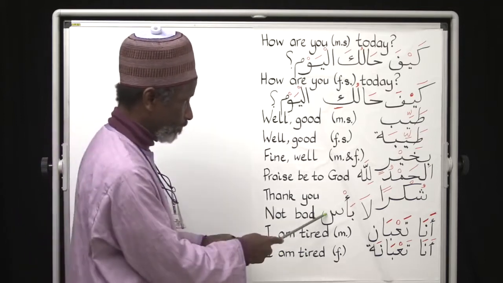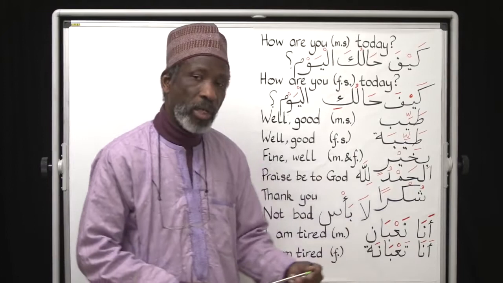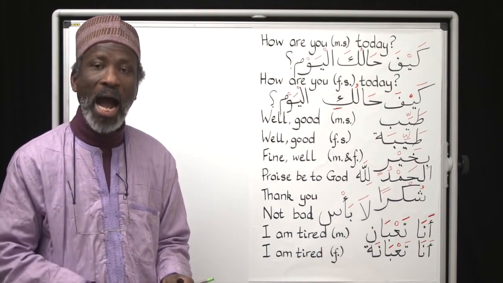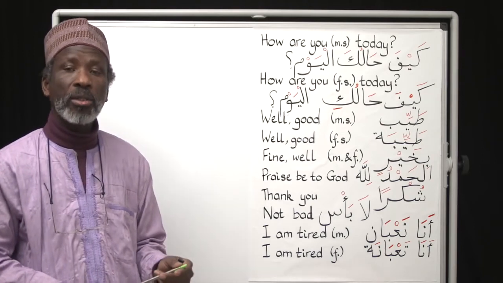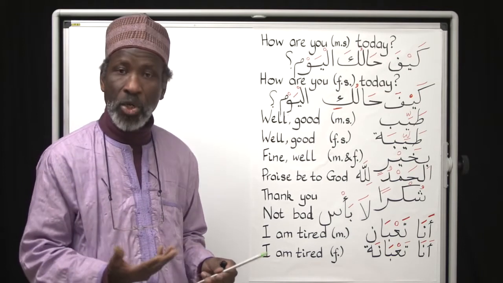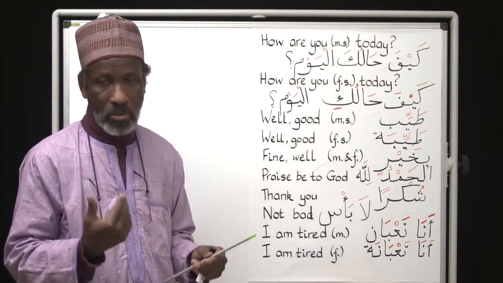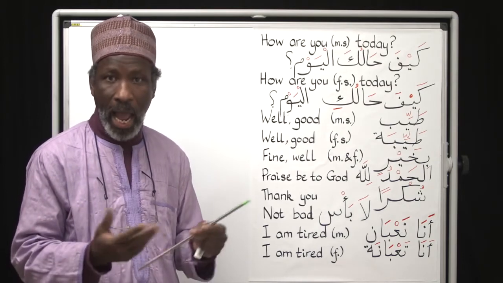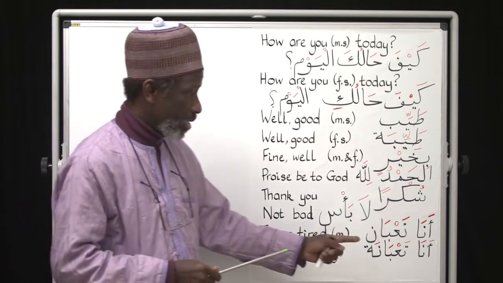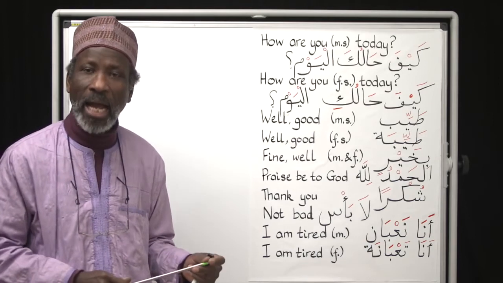Now, أنا, again we learned in the past, أنا means I or I am, and it's neutral. A speaker using the pronoun is neutral in Arabic. أنا means I, male or female. أنا تعبان. تعبان means tired.